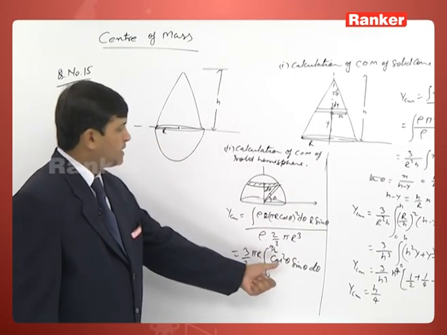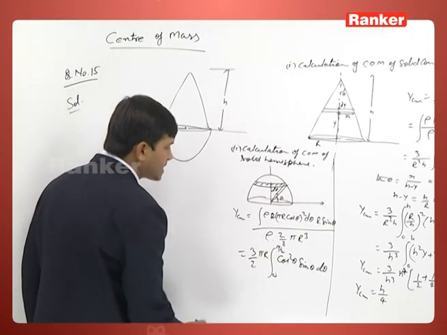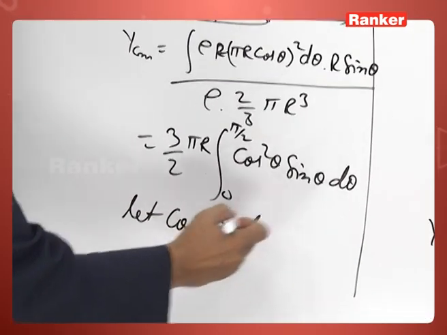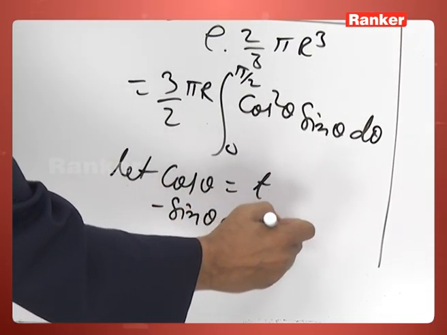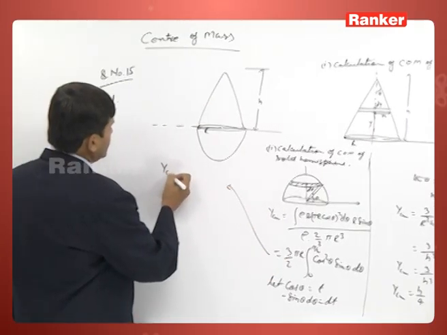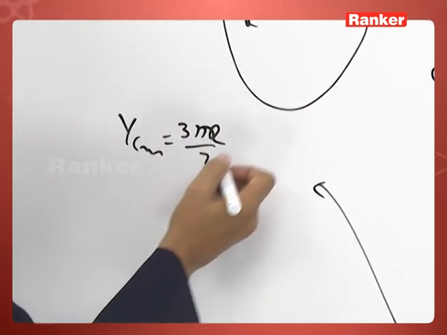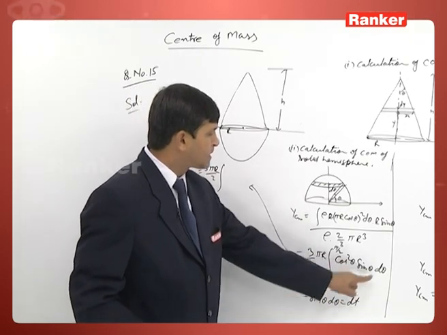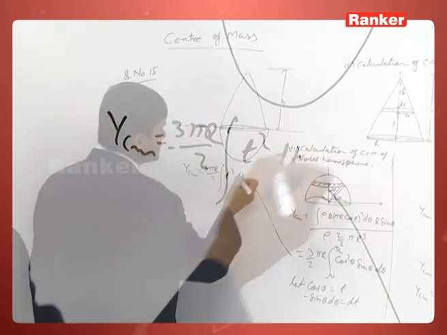Now integrate this one. Consider cos theta as t. Let cos theta be t, then minus sin theta d theta is your dt. The same expression: the Y_CM is your 3 pi r by 2, with cos theta as t, the t square sin theta d theta will be minus t square dt.